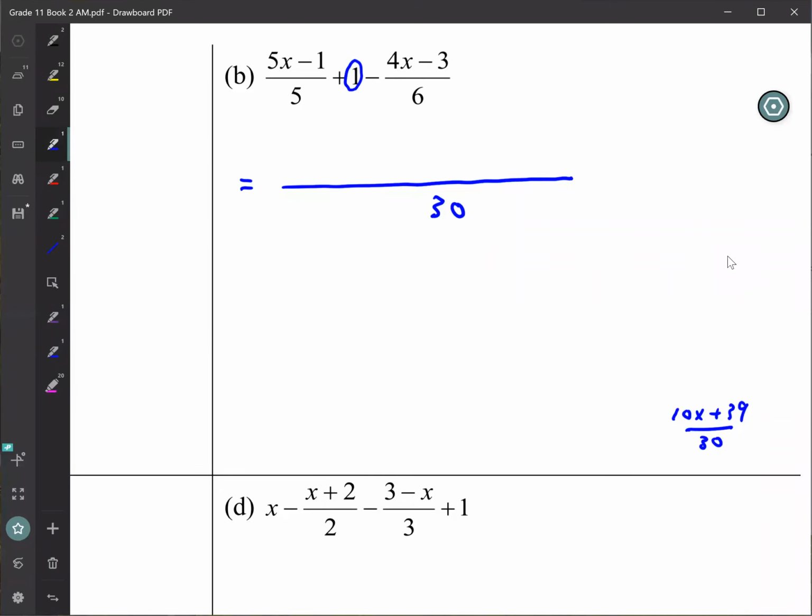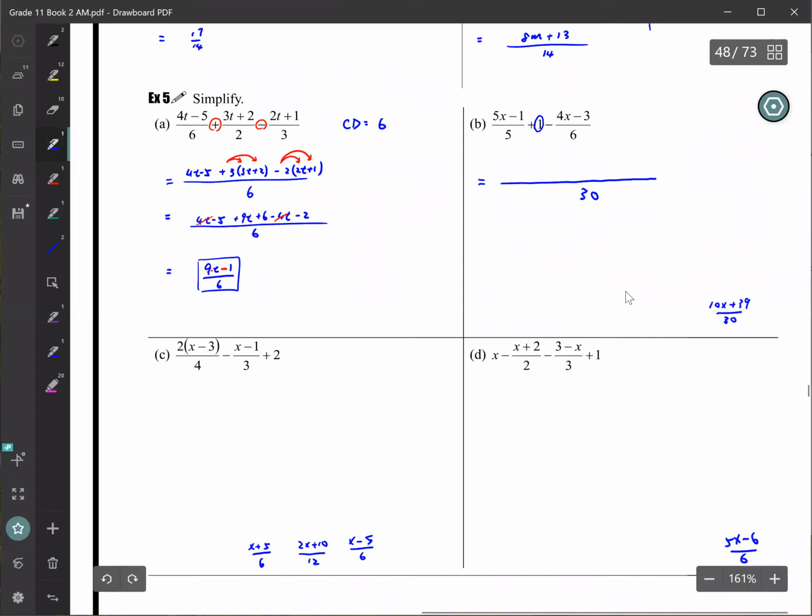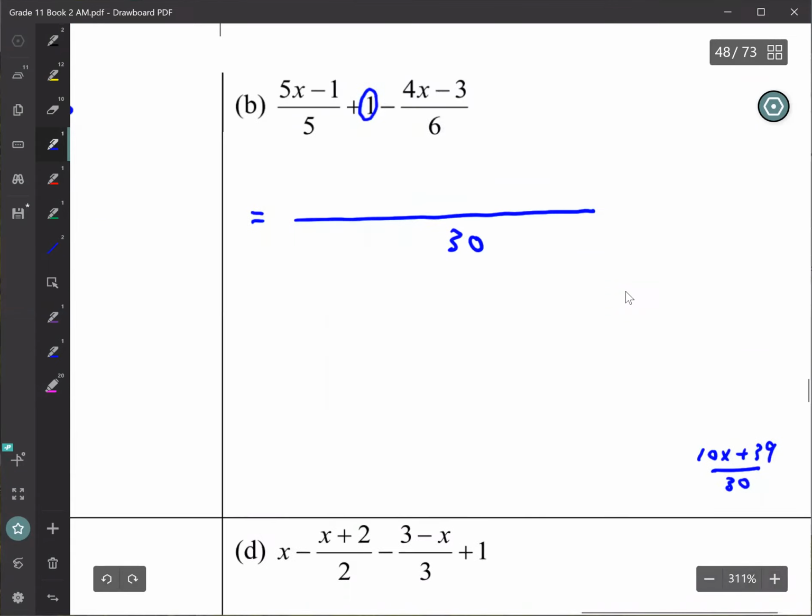Okay, so here are all the different answers. We'll start with question B. Okay, so the first fraction needs to be times 6, right? So we'll write down 6 bracket 5x minus 1. The 1, you can think of it as 1 over 1, right? So if you want to change the denominator to 30, you need to times it by 30.